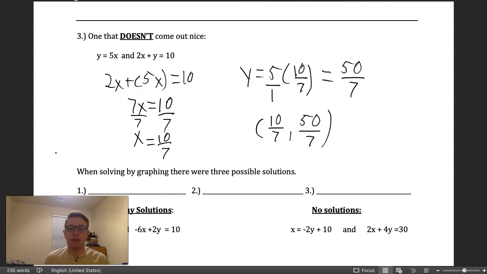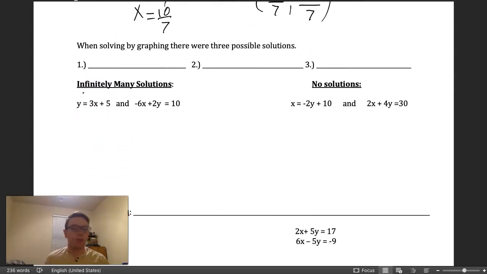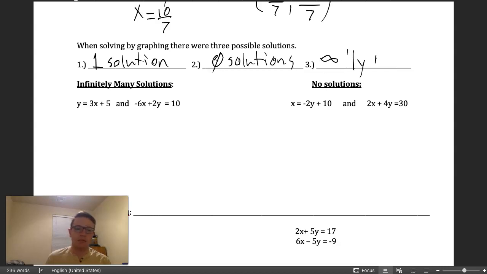Okay. Now, when we were graphing, we had 3 different possible types of solutions. What were those? When we were solving, we found out we could have 1 solution, we could have 0 solutions or no solutions, and we found out we could have infinitely many solutions.